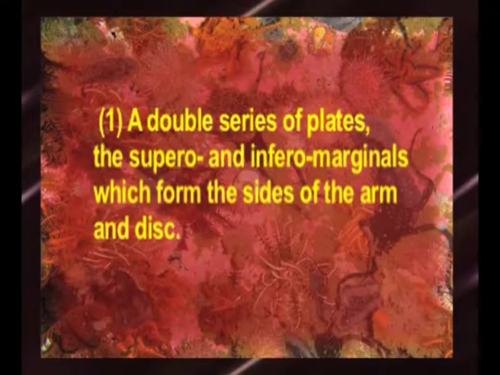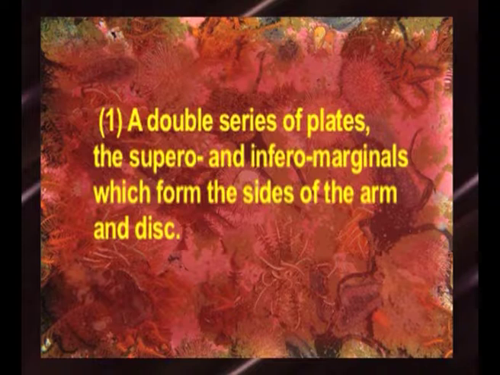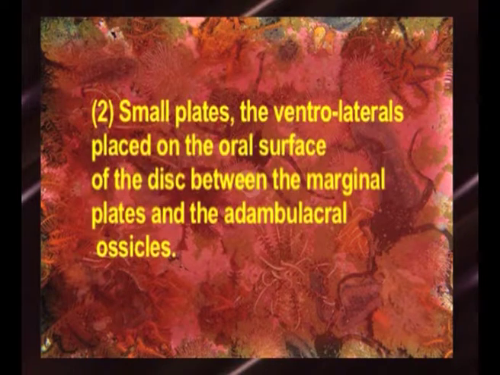In the remaining parts of the skeleton, which are known collectively as the interambulacral skeleton, the following parts are usually clearly differentiated. Number 1. A double series of plates, the superior and the inferior marginals, which form the sides of the arm and disc. Number 2.